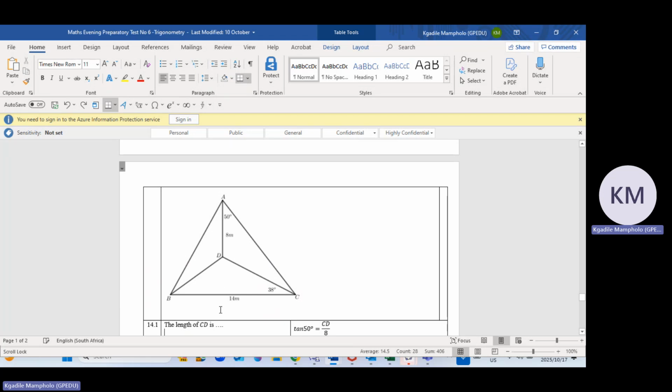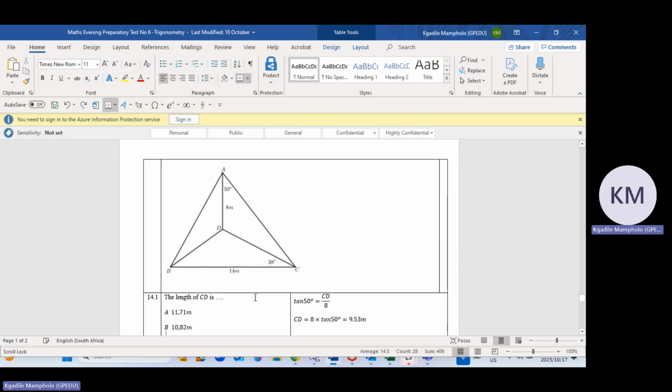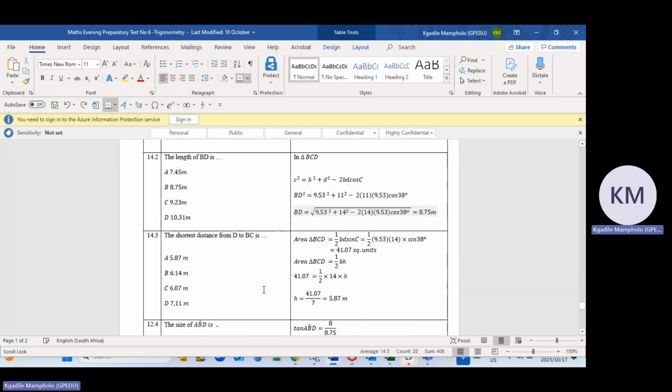It must be perpendicular. If we have the distance here, the area will be half base times height. Now remember, shortest distance means what we are calculating is the height. So we first calculate the area using the area rule.